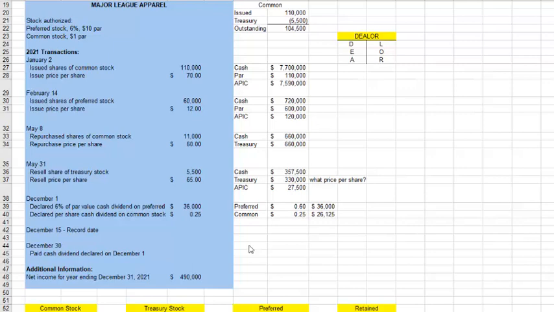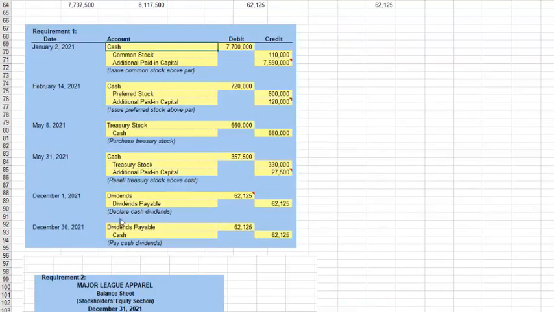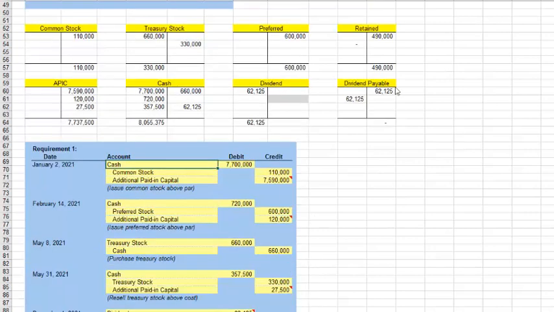On this day, we're going to have a cash decrease, and we are going to relieve that payable. We're going to have our dividends payable decreasing by $62,125, and we are making the payment of that cash, decreasing our cash by the same amount. Here we're seeing our dividend payable go to zero, and our reduction of cash by the same amount.